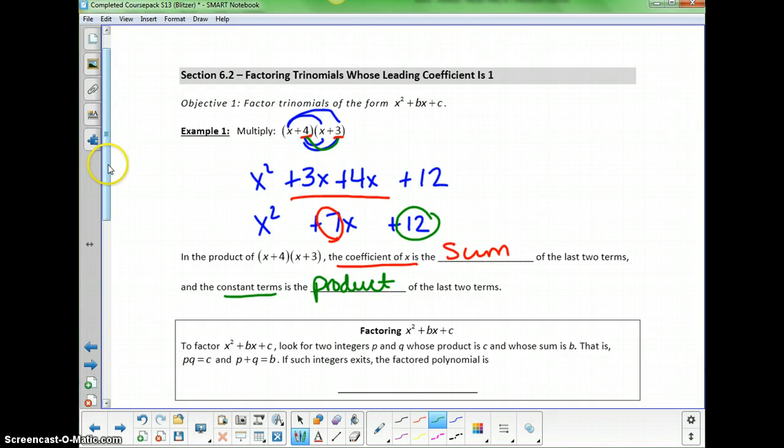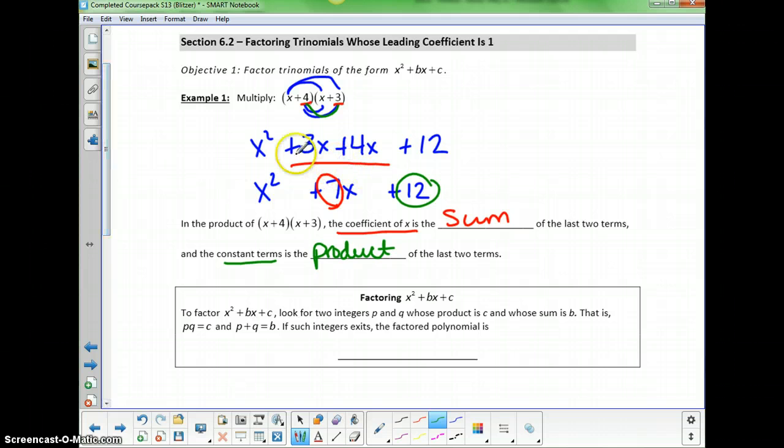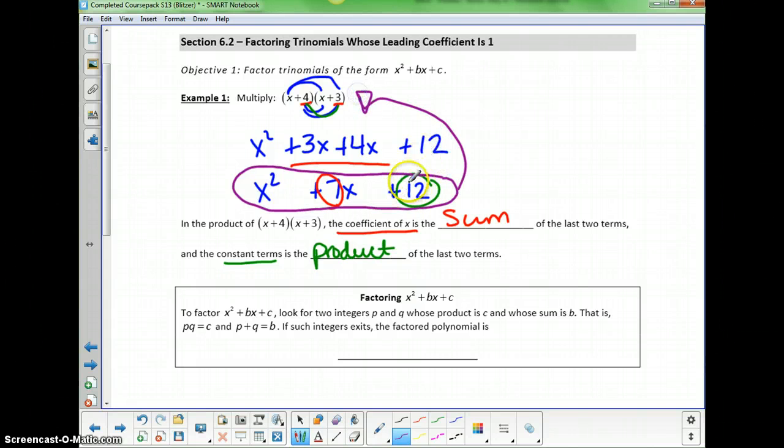And we're going to use those properties to factor something back from the expanded line up to the parentheses. That's our goal right here, is to factor a trinomial that looks like this. Looks like x squared plus a number of x plus a constant back into two binomial parentheses.